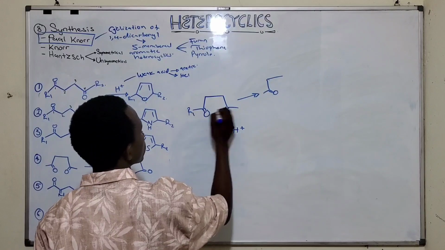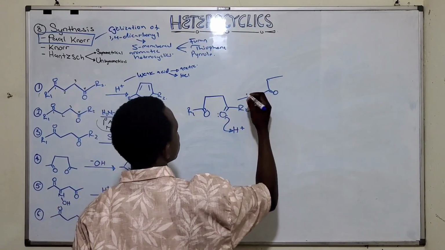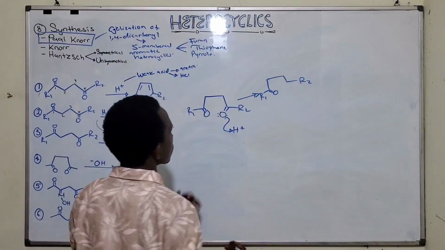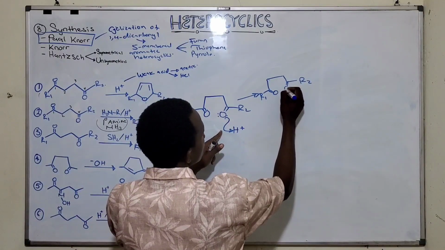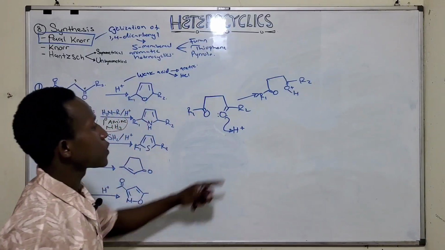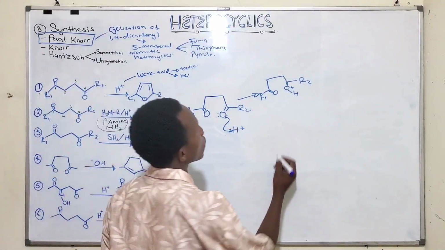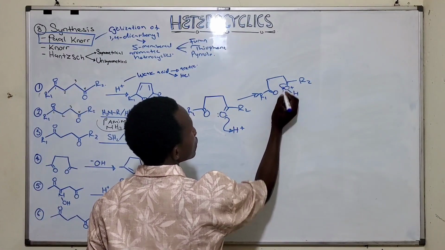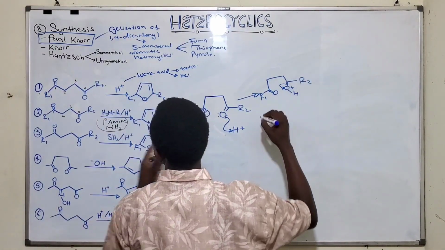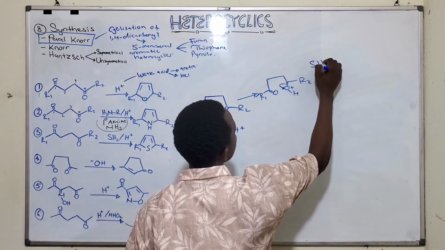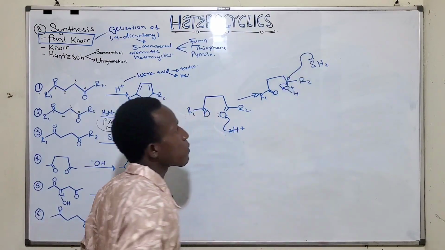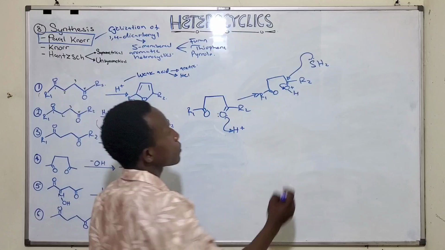This is R1, this is R2, this is R1, we are having R2, and here we have formed this. It's now plus. So as it stabilizes, it pulls electrons towards itself. The SH2 group attacks the carbocation formed.